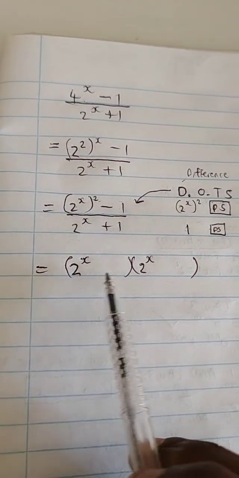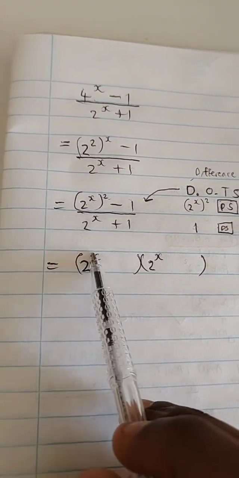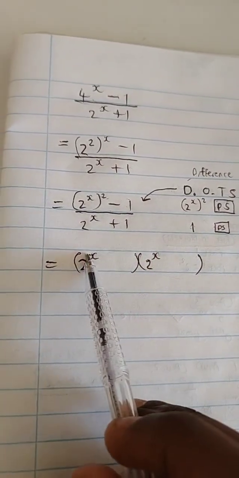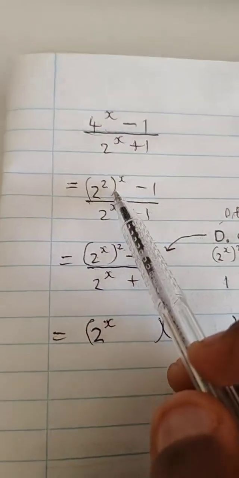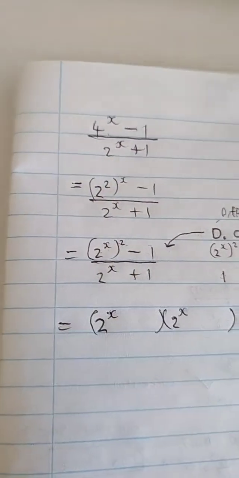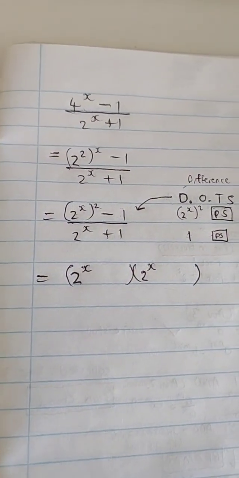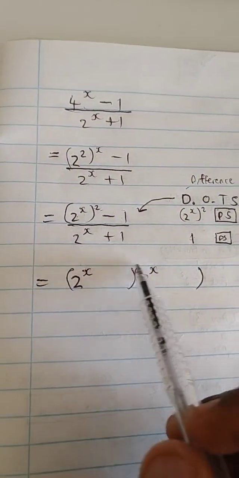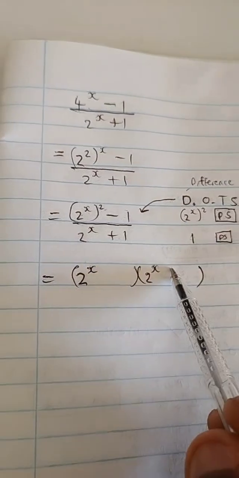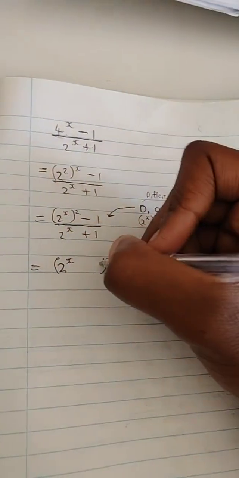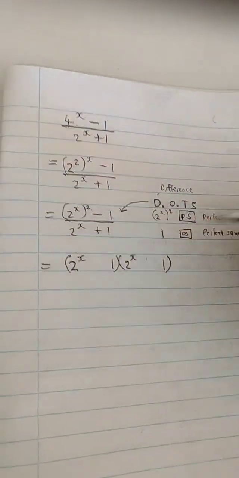Remember, guys, when you are multiplying same bases, you keep the base, you add the exponents. So when I say x plus x, I get that 2x in the exponent back. 1 times 1.